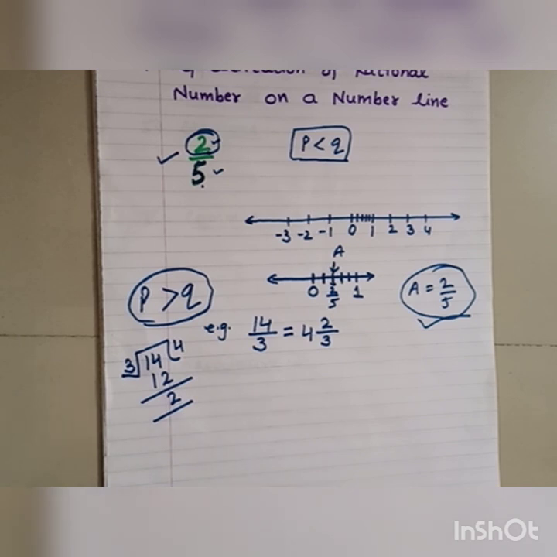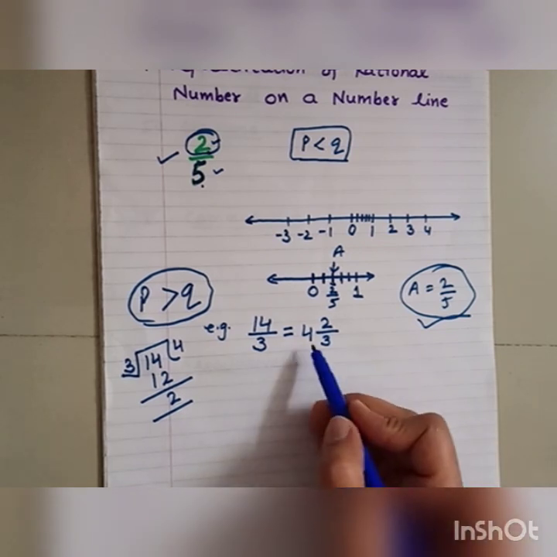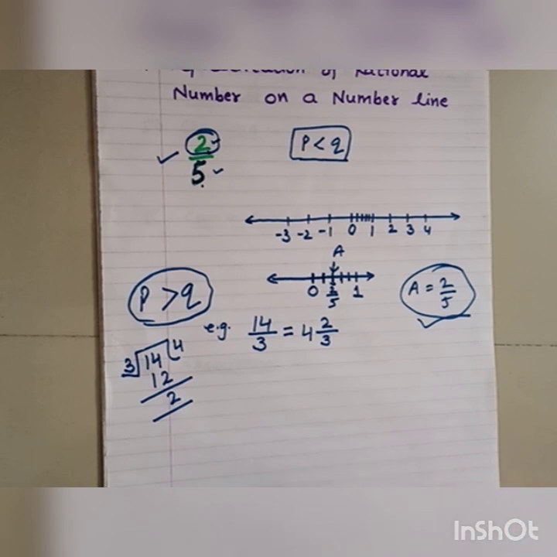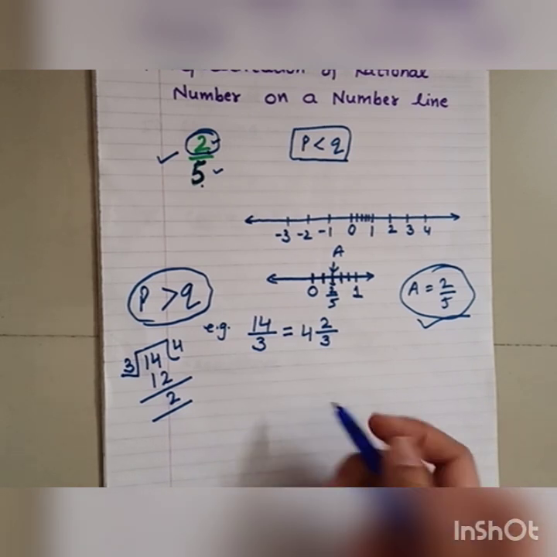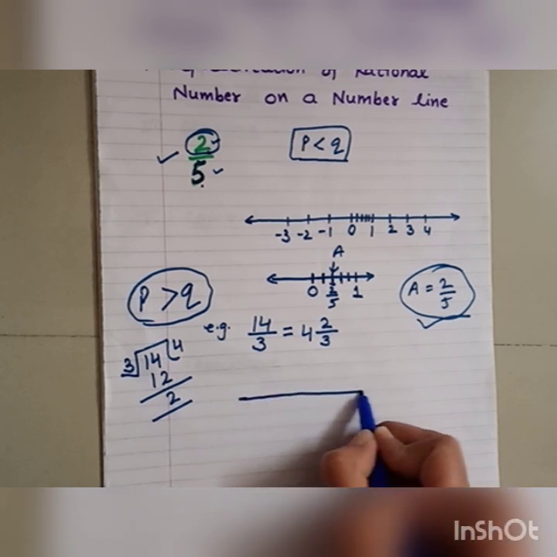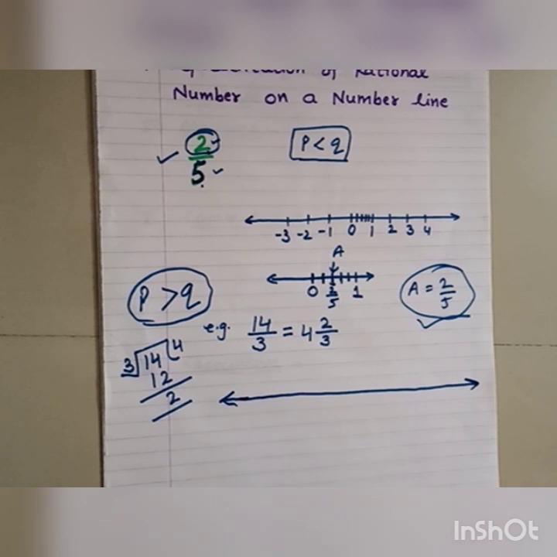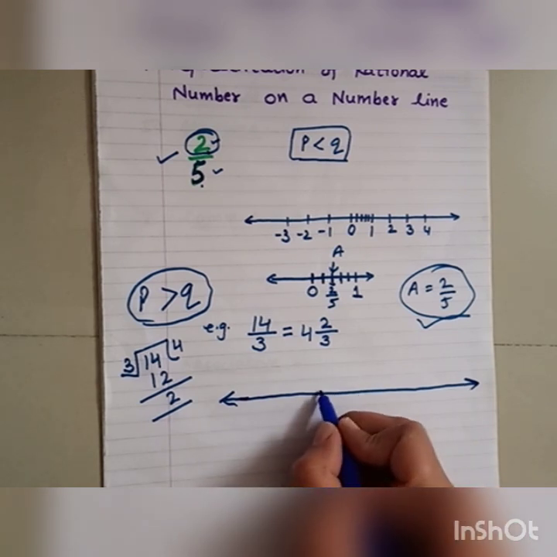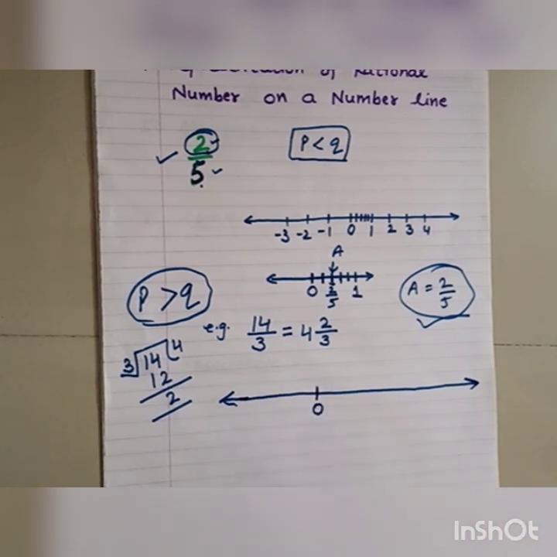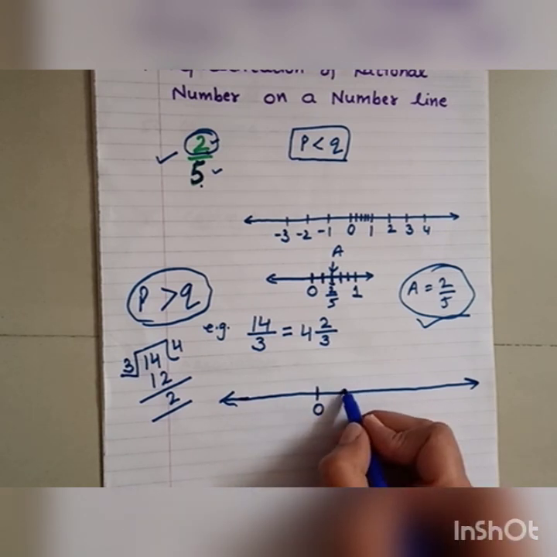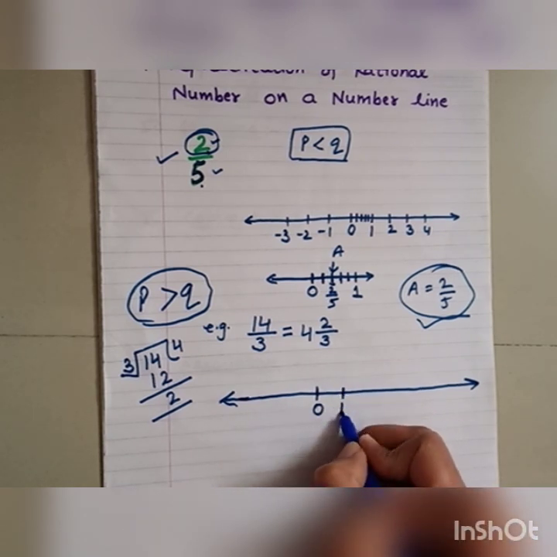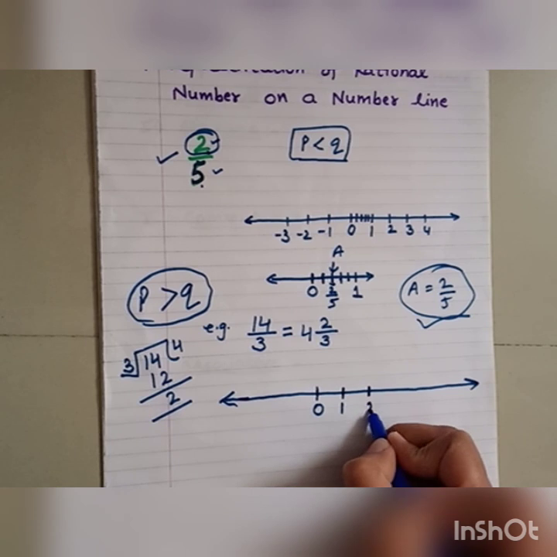Now how can we represent this on the number line? See, 4 is complete, which means on the number line start from 0 and take 4 full units. See this on the number line, up to 4, 0 to 4, take full units. Center at 0, but we take this side because we have to write on the positive side.